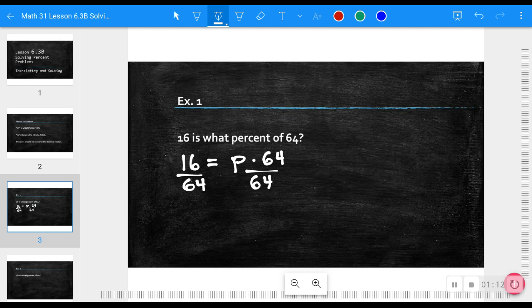And 16 divided by 64 is 0.25. And once you have your percentage in decimal form, you should convert it into percent form. So 25%, and you do that by moving your decimal to the right 2 places and introducing or restoring the percent sign.